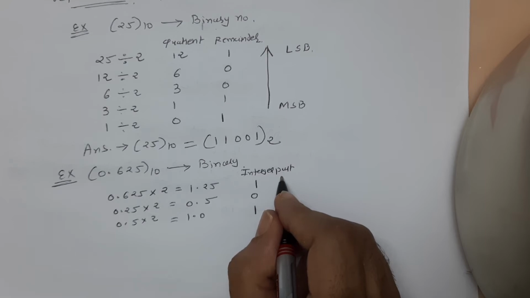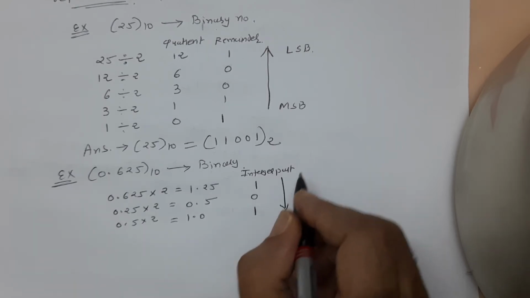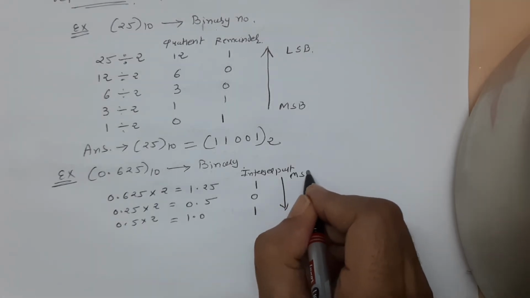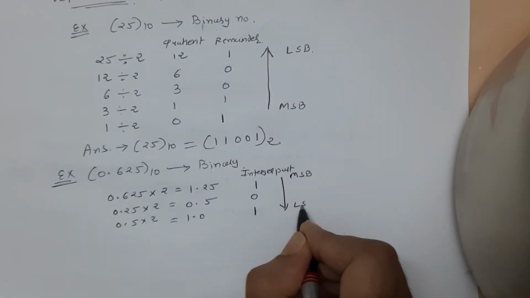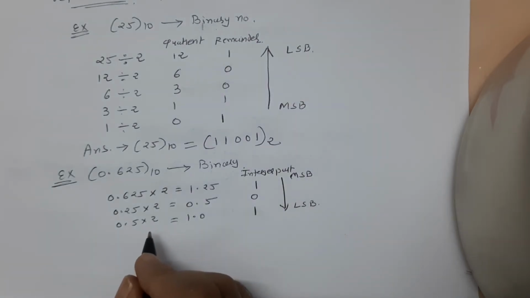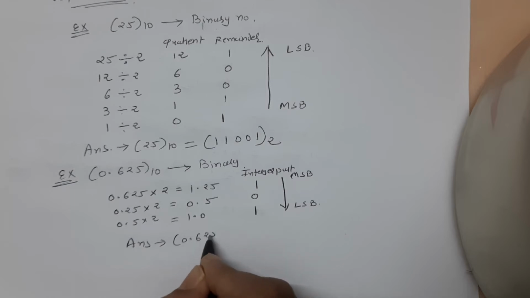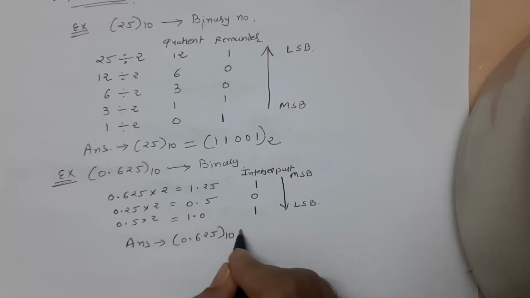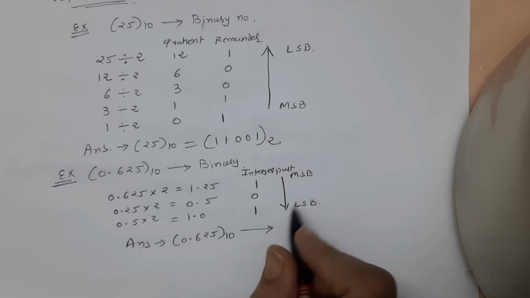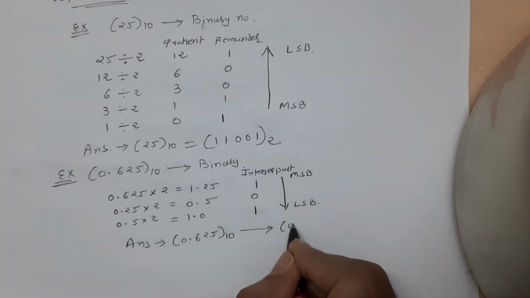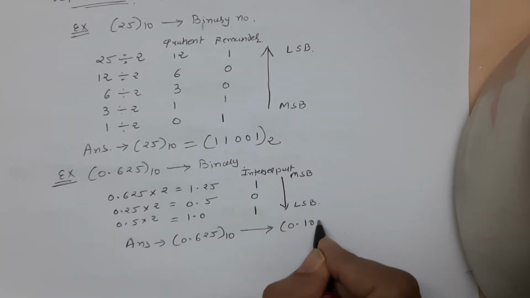So here from upper to lower, this is your MSB, this is your LSB. So we can write the answer: 0.625 decimal is converted into binary 0.101.